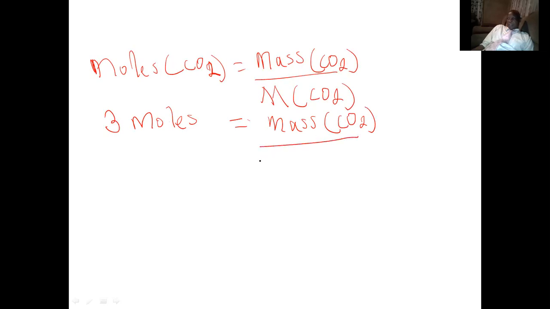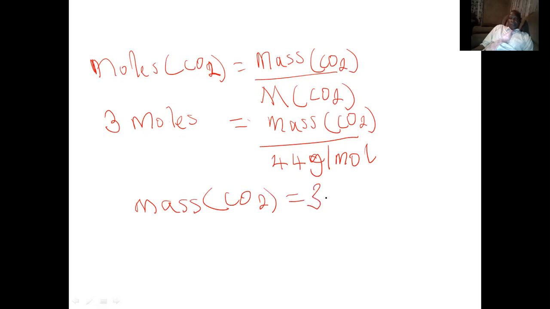Divided by the molar mass, we found that it's actually 44 grams per mole. And therefore we can cross multiply and we find that the mass for carbon dioxide would be equal to 3 moles multiplied by 44 grams per mole.